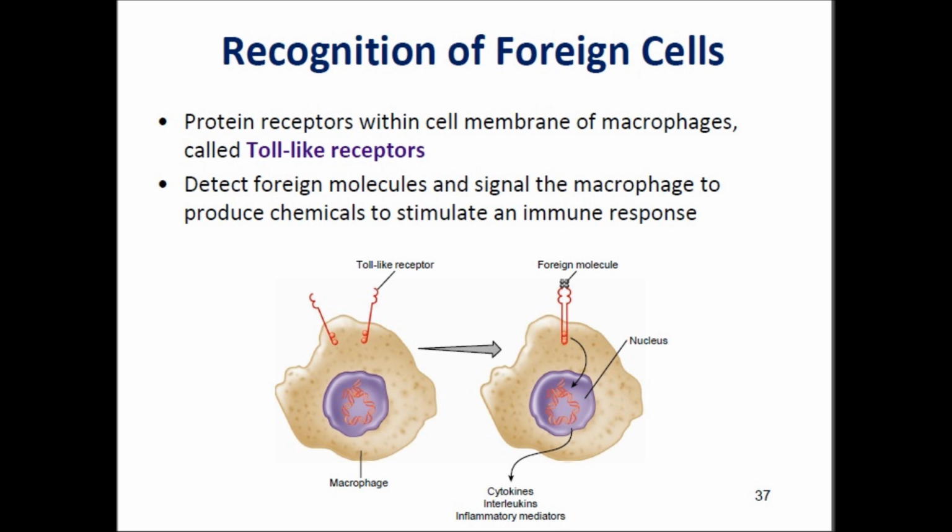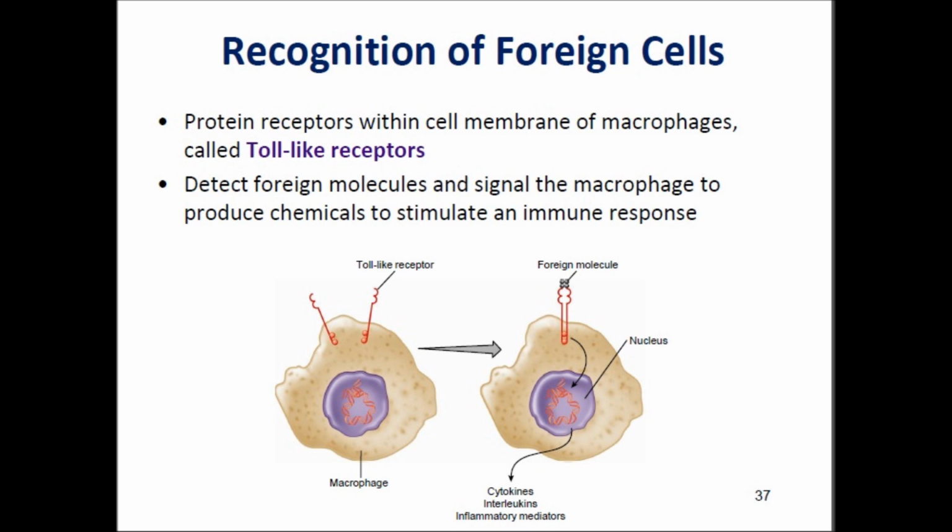But it's also going to send signals out, called cytokines. Maybe cytokines are the only ones you should remember. They're chemicals the macrophage produces and sends out, attracting other cells to come to the area where the macrophage suspects there's more.